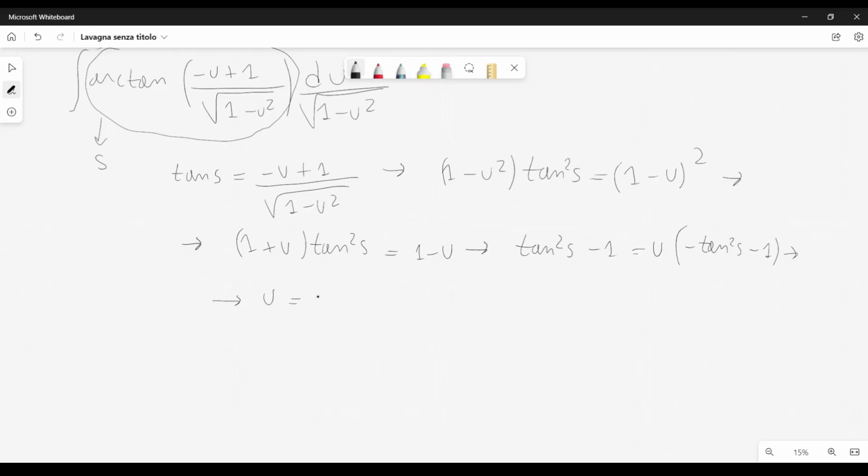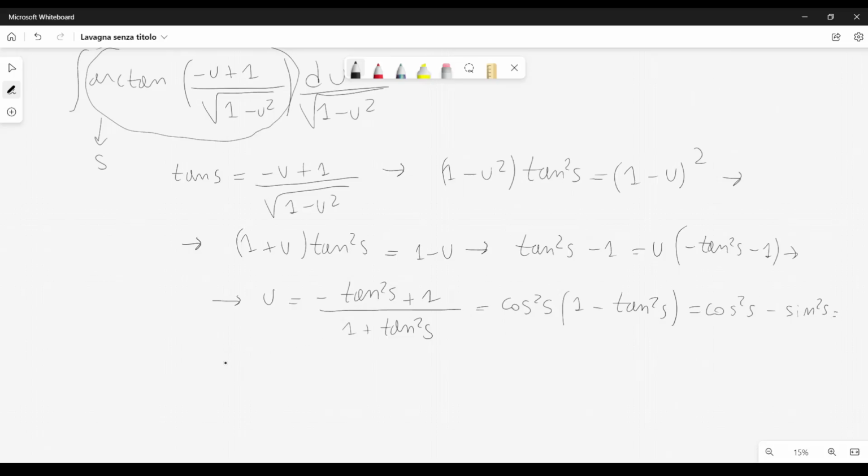u equal to minus tangent squared s plus 1 divided by 1 plus tangent squared s, and we know that 1 plus tangent squared s is 1 over cosine squared of s, so we get cosine squared of s times 1 minus tangent squared s, and from here we get cosine squared s minus sine squared s.